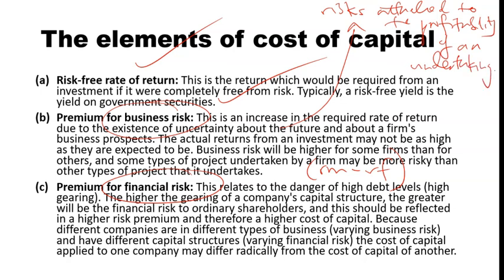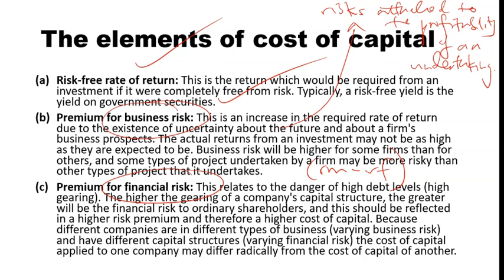How variable are the profits? Is the nature of the business going to allow it to be profitable, to be successful, and so forth? Its operations, are they profitable in general? Then when you're looking at financial risk, this relates to the danger of high debt levels, that is high gearing.